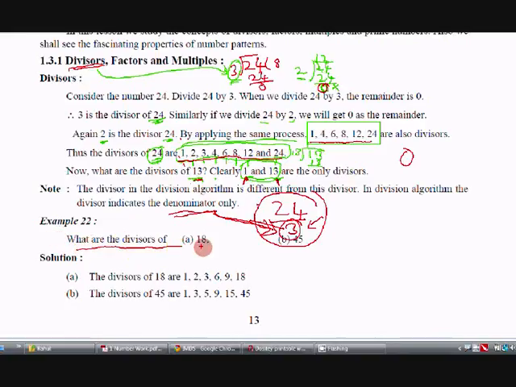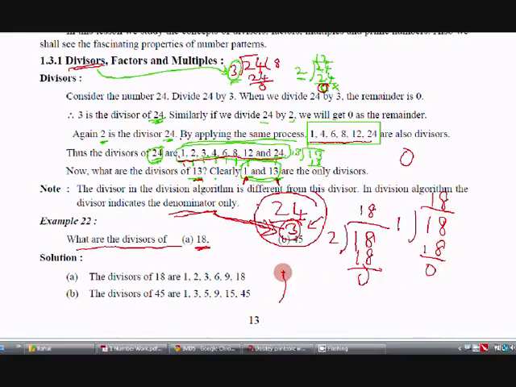What are the divisors of 18? Come on, try. What should we do? Does 2 divide 18? Yes, 9 times, leaving 0. Does 1 divide 18? Yes, 18 times, leaving 0. What else goes?